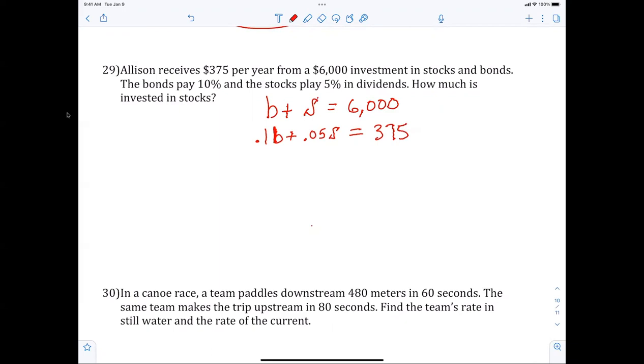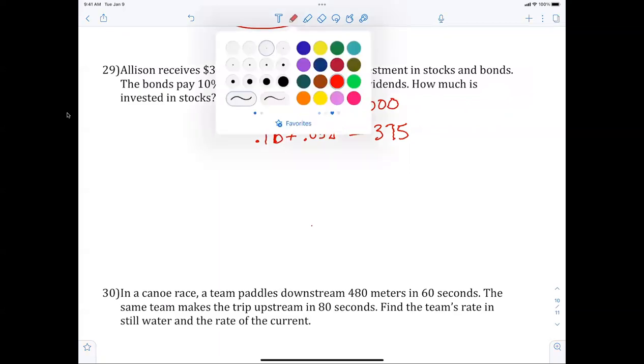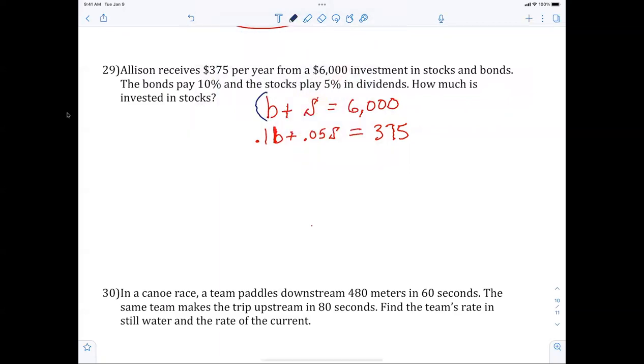Now we can multiply the top by negative 0.1. Negative 0.1B minus 0.1S equals negative 600.